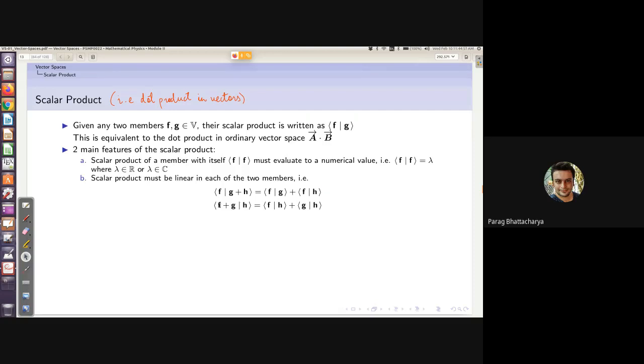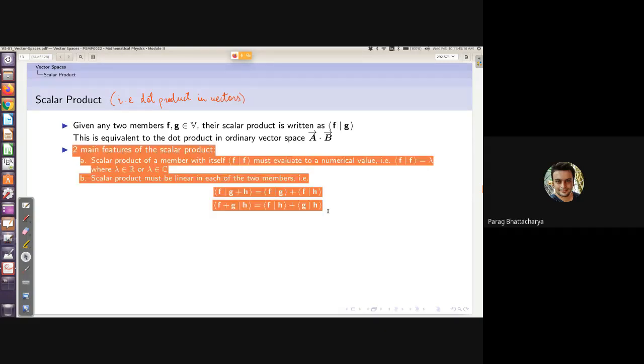Likewise, if I take f plus g and then take the scalar product with h, this is the same as the scalar product of f with h plus the scalar product of g with h. So this is how the scalar product of two members of a vector space is defined. It should contain these two features.